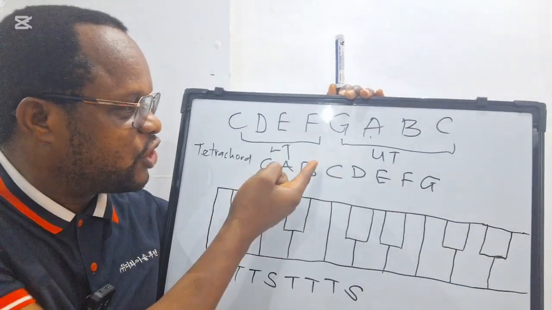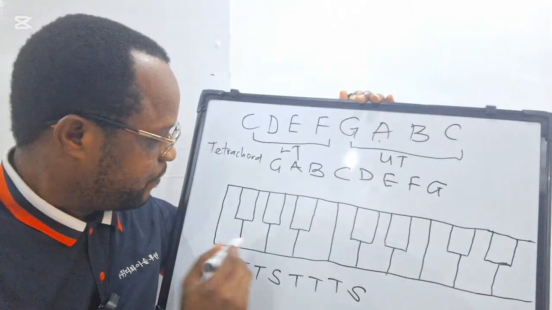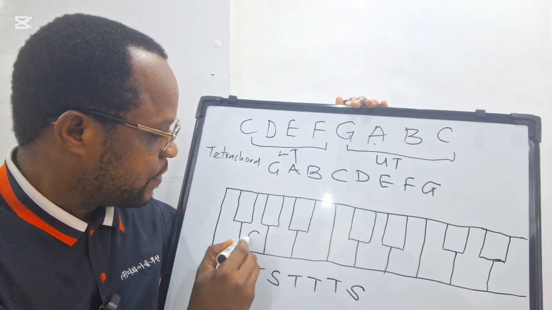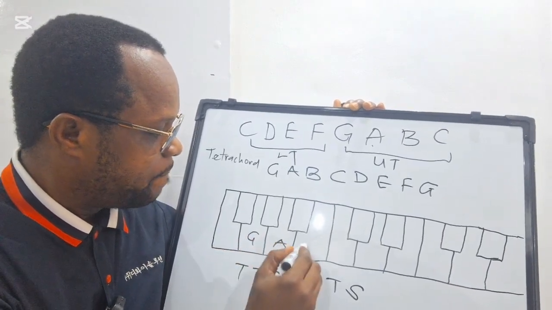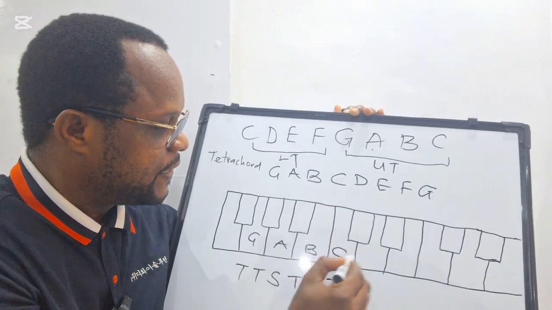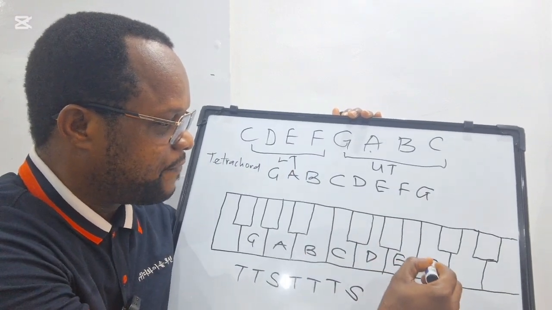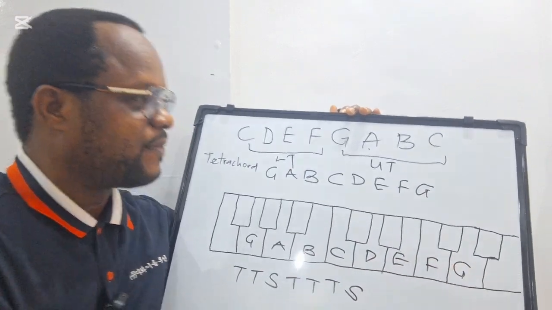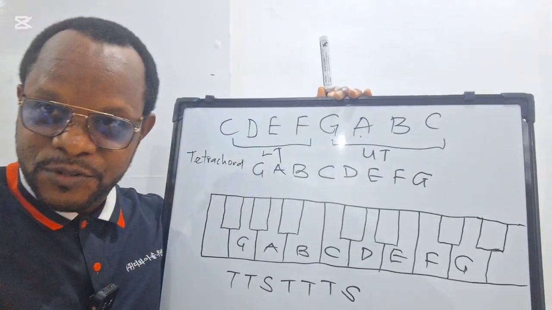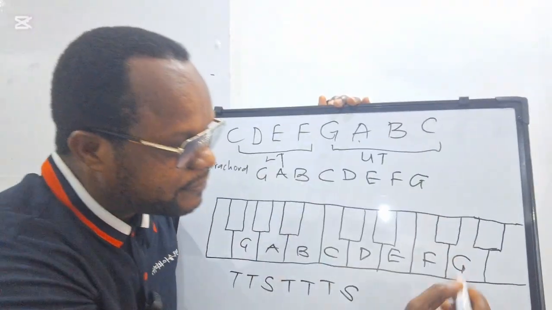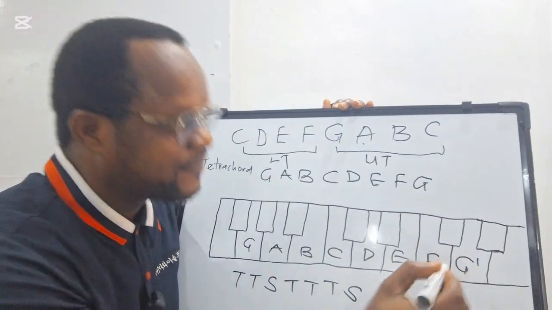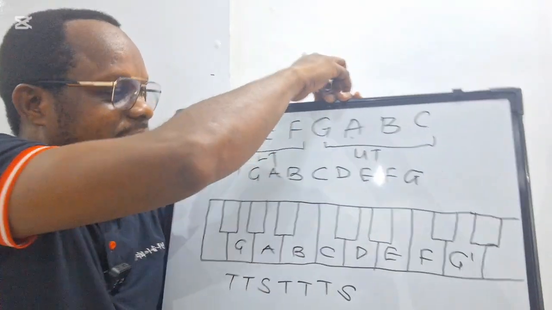Now let's fix the G scale on top of it. This is my G, right? A, B, C, D. This is what I'm writing. E, F, and G. You already know your formula. Let's apply this. Okay?